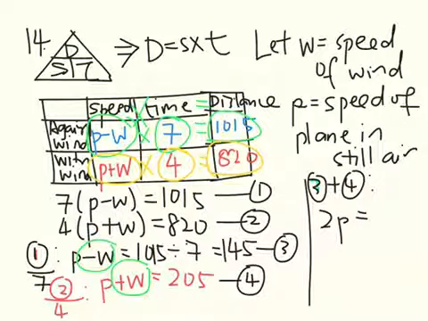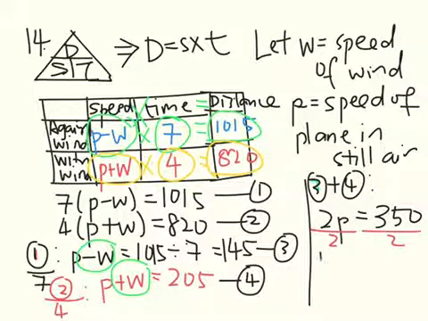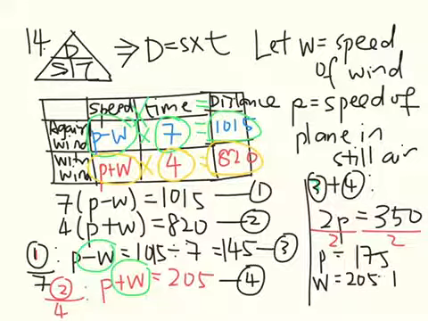So it's 350. You divide both sides by 2, and you end up with P equals 175. And from here, I will solve and get W equals 205 minus 175, which gives me 30.